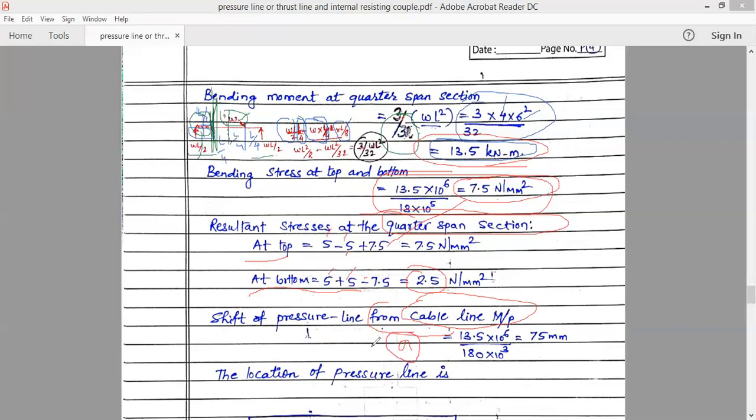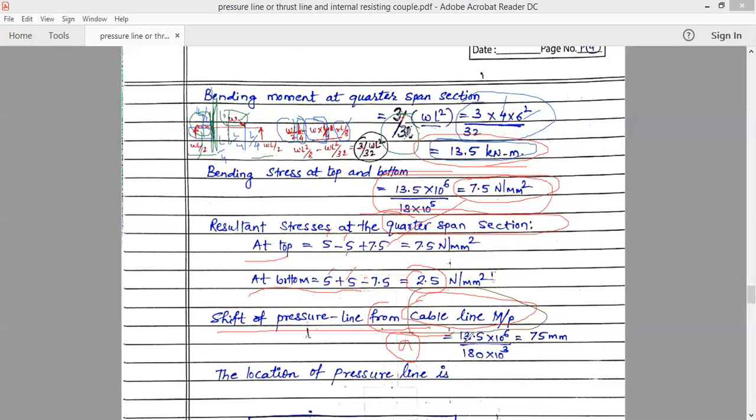If I say that I want to measure the shift of pressure line from the CG line, then it will be E dash. There are two things you must take care of here. What I want to calculate here is the shift of pressure line from the cable line, means it will be A, the lever arm.